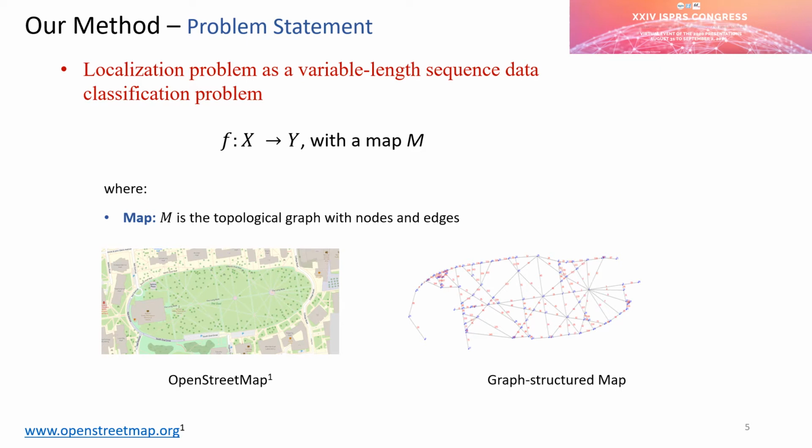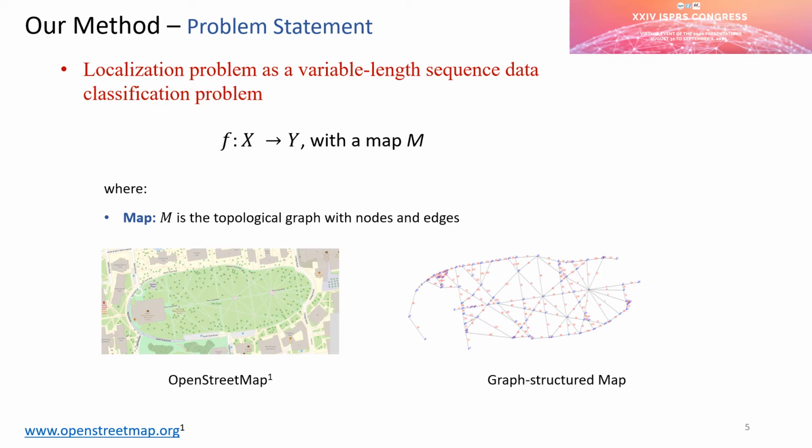Our bio-inspired localization mechanism follows the way humans navigate in a city and formulates the problem as a variable-length sequence data classification problem. Overall, we define a function f which maps the input sequence to a single number under the map M. Specifically, the map M is a topological graph with nodes and edges.